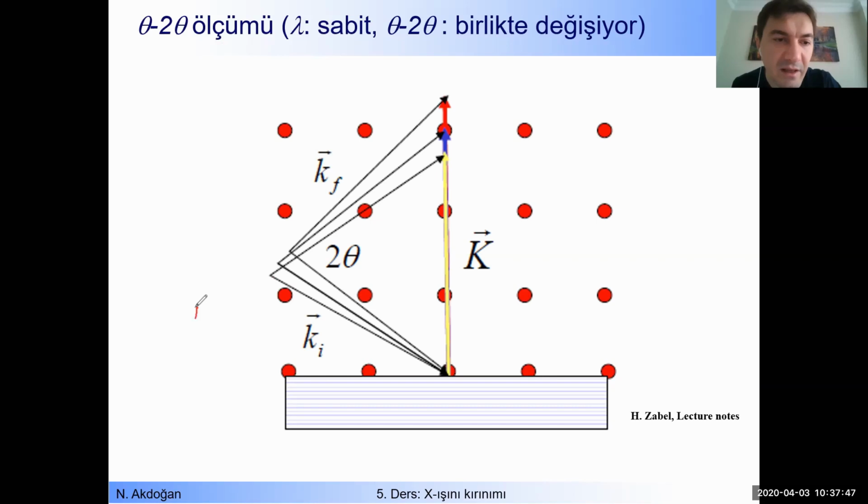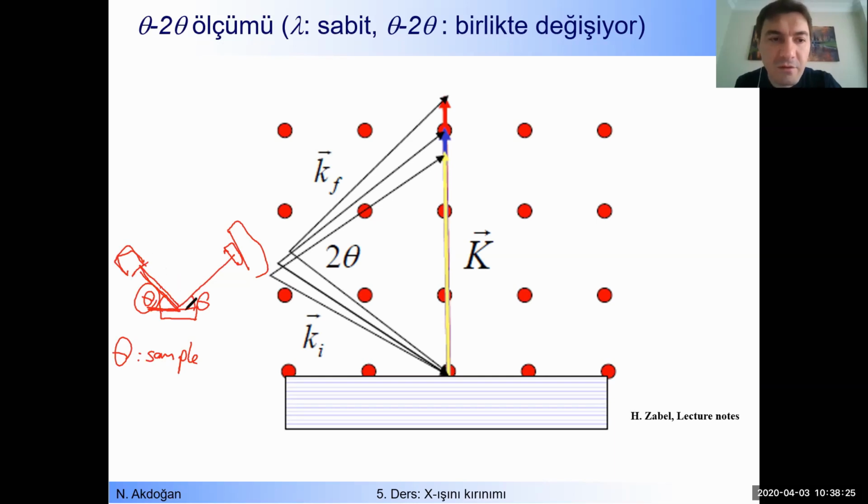Let's consider that here we have a sample, and here we have an X-ray source providing monochromatic X-ray, and it comes onto the surface with some theta angle, and then is reflected with the same theta angle, and the detector is waiting here. This theta here is usually called the sample angle, okay? The angle between the X-ray and the sample surface.